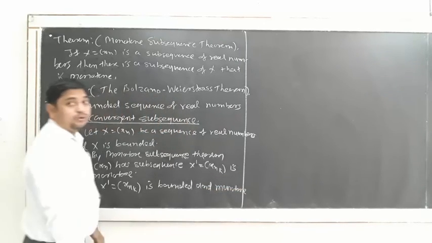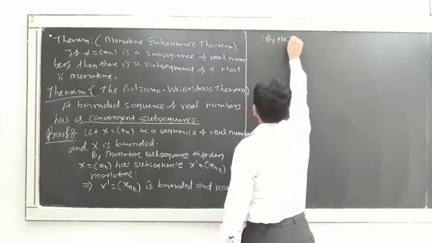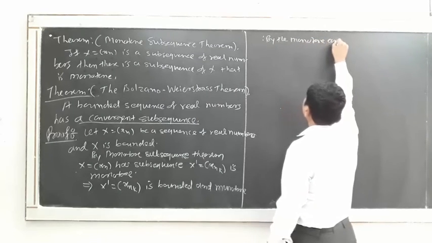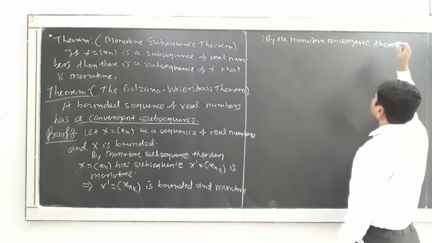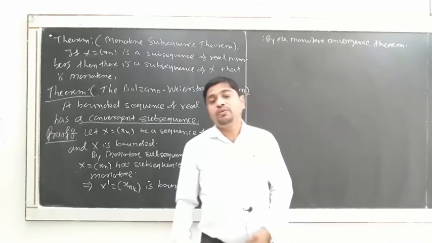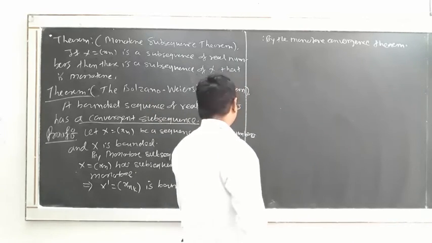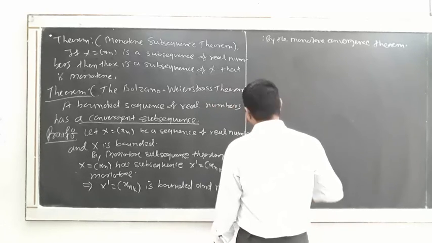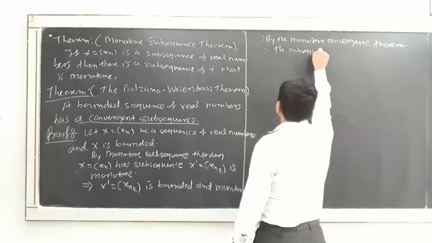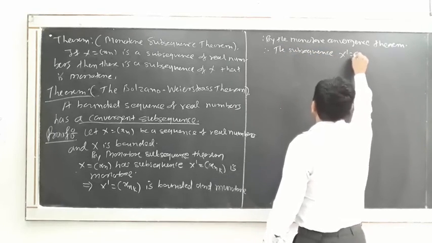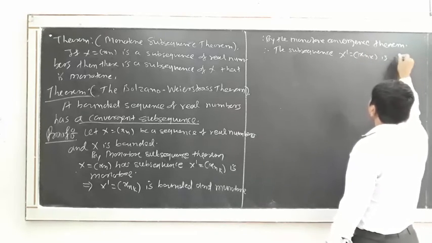Bounded and monotone, therefore by the monotone convergence theorem, if the sequence is bounded and monotone, then it is convergent. Therefore, the subsequence x dash is equal to (xnk) is convergent.